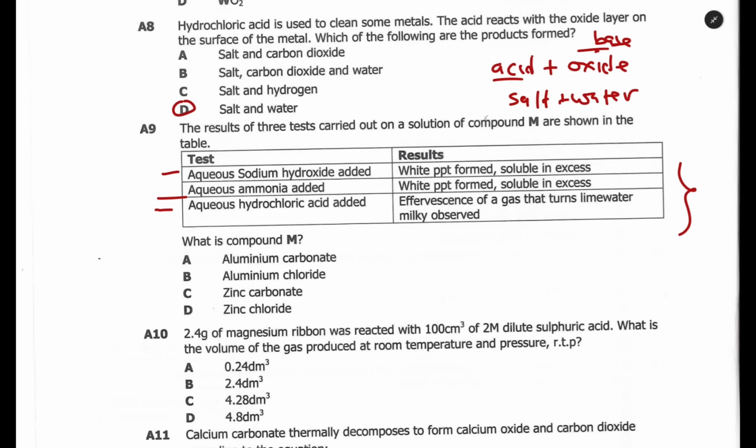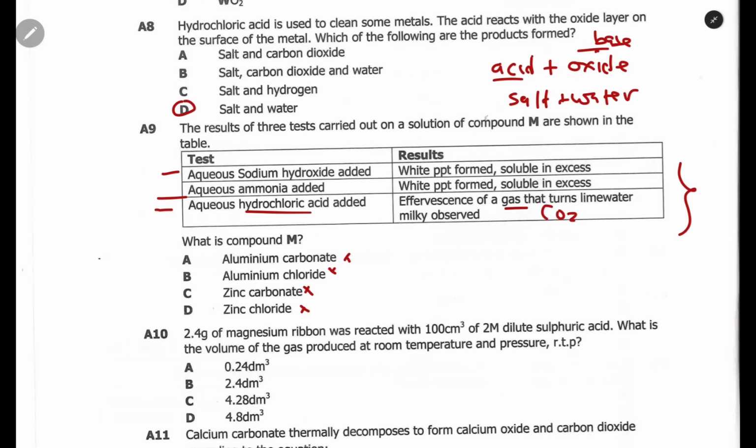Now, what is the compound M? So A, we have aluminium carbonate, aluminium chloride, zinc carbonate, zinc chloride. Now, to give you a clue, the gas that is produced when an acid reacts with the compound turns lime water milky.